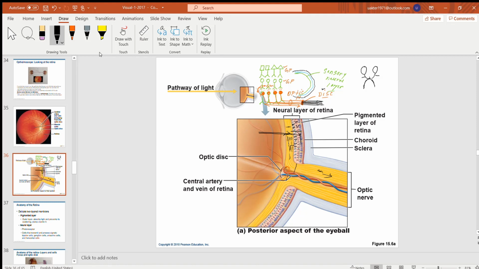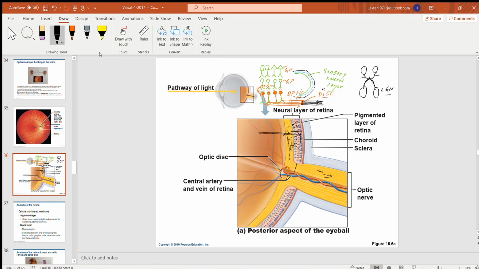So long, right, from here to the lateral geniculate nucleus of the thalamus. Okay, so this is the lateral geniculate nucleus. So these axons of the ganglion cells must be very long to take the signal all the way to the lateral geniculate nucleus.